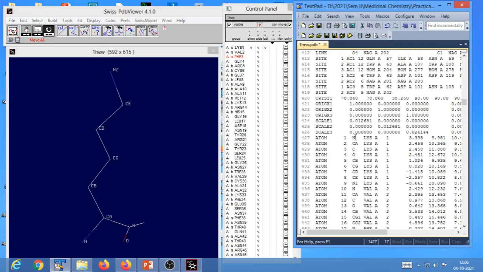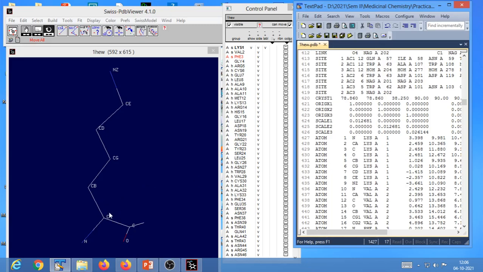This nitrogen is represented over here in 3 dimensions. Then you have the C alpha carbon atom that is attached to this nitrogen. Then you have this carbonyl carbon atom that is attached to this C alpha carbon atom. This is the carbonyl carbon. To this carbonyl carbon you have attached the oxygen, which is this.